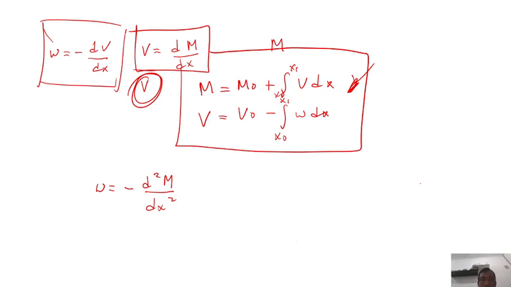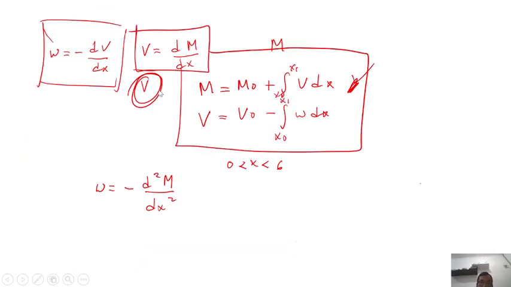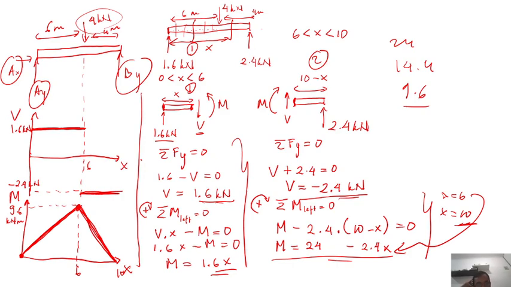So our moment distribution for x from 0 to 6, the first one, the left cut. For this one, from 0 to 6, what will I get will be m equal to m0. Our m0 is actually 0, right?